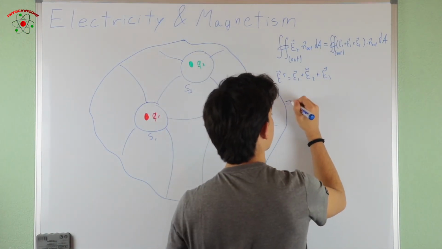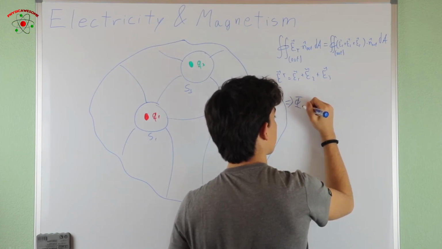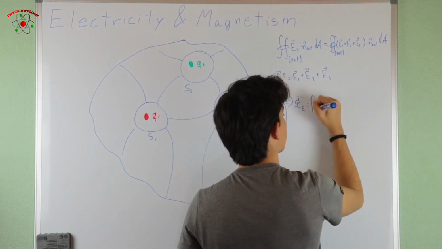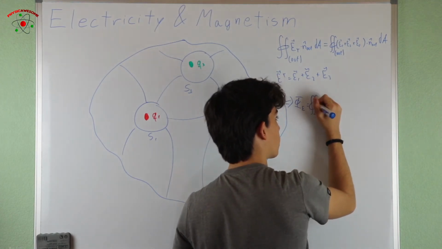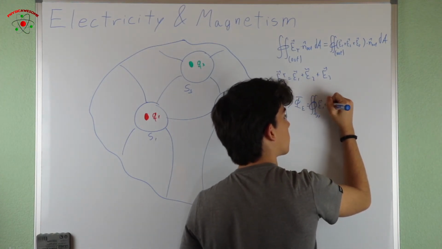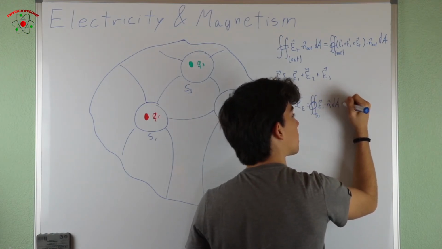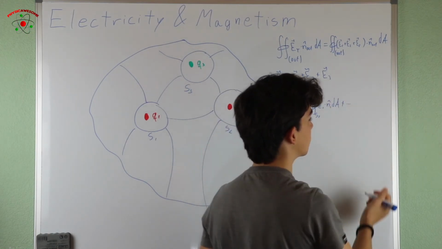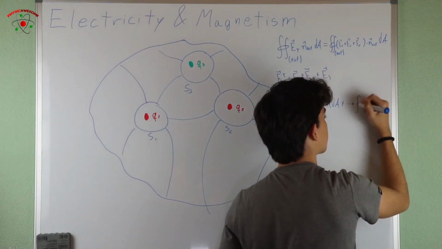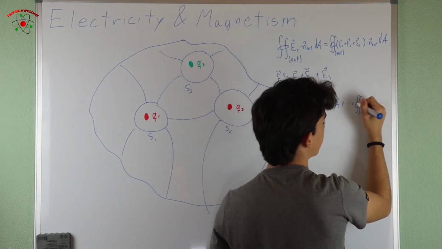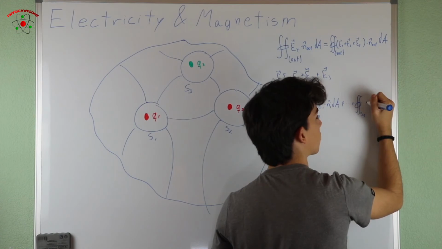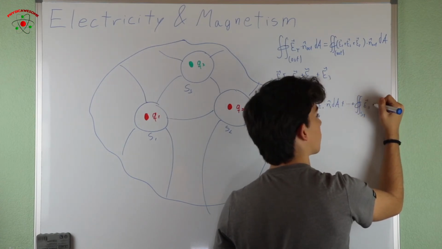We would have that the electric flux is the integral over S1 of E1 times n hat 1 dA, plus the second one, plus the third one. They are really symmetric copies of each other.